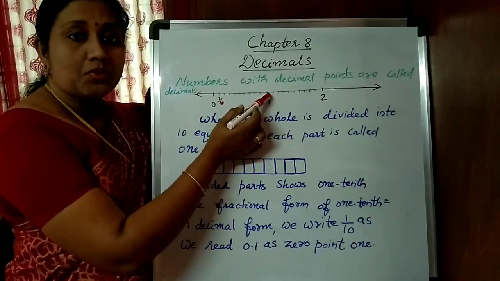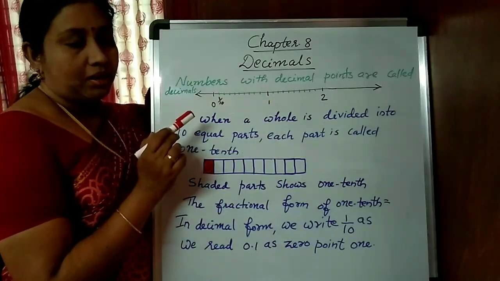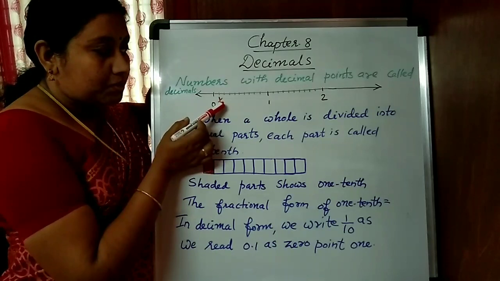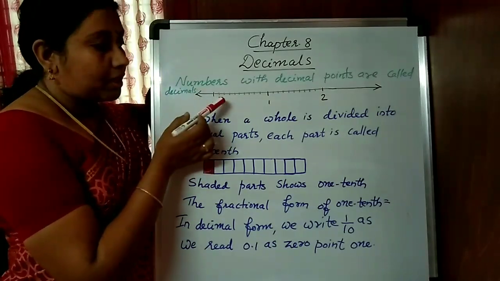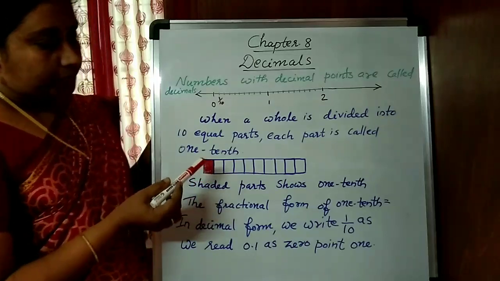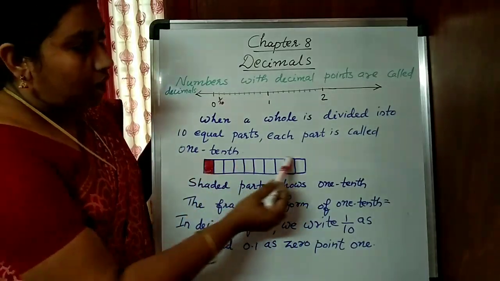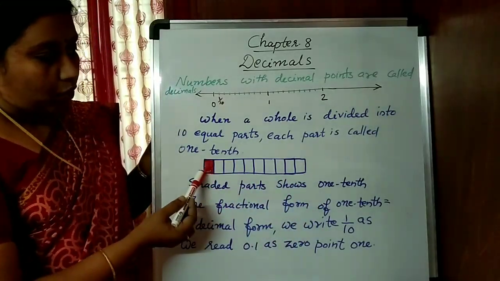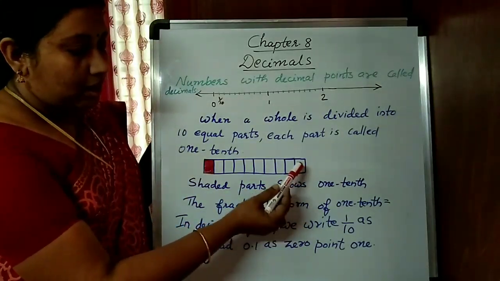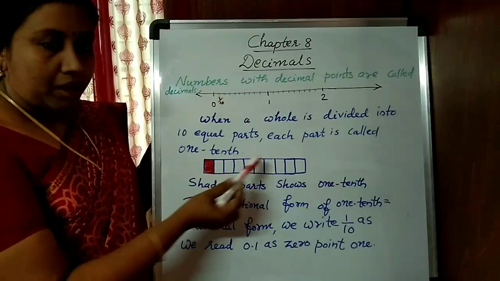10 by 10 means what? 1. So here, what is the value of this first small line? That is 1 by 10. The same way, when a whole is divided into 10 equal parts, this rectangle is divided into how many equal portions?